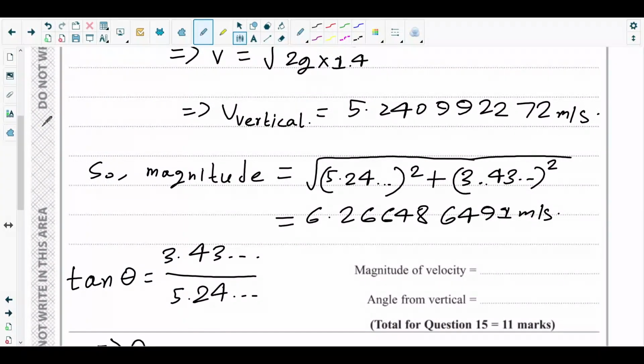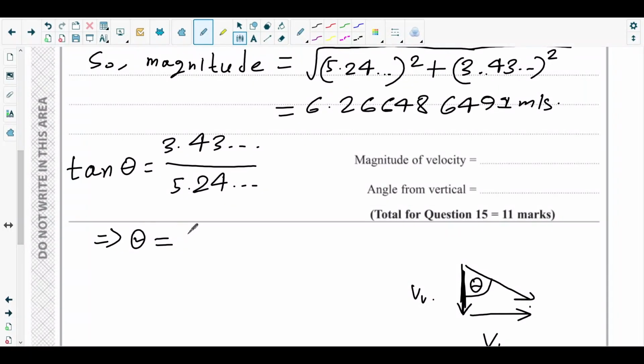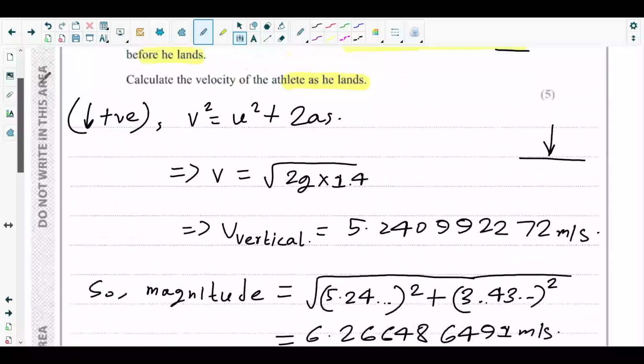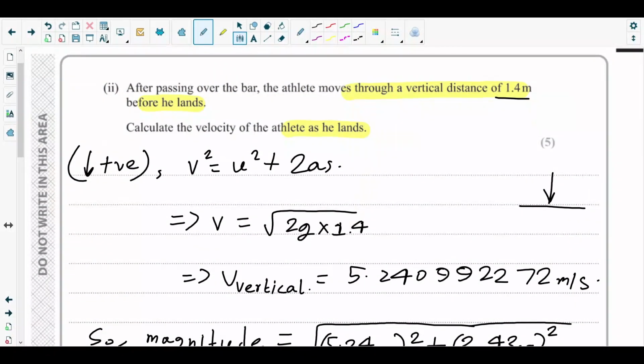Then use tan inverse of the answer, and you will get the angle in degrees, basically 33.24305601 degree. So the magnitude of velocity to 3 significant figures is 6.27 meter per second, and the angle from vertical is 33.2 degree. That's what part B2 of question number 15 has asked for.